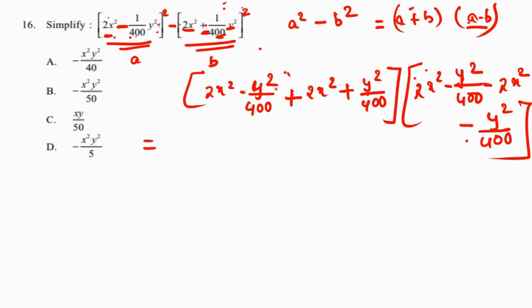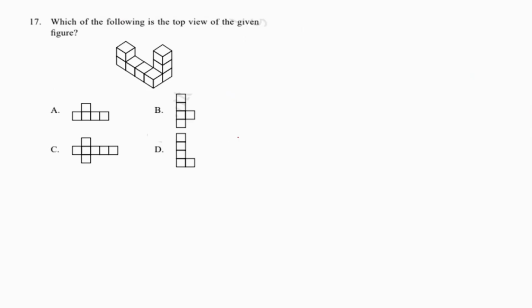Now, if you just simplify this, y square by 400 plus and y square by 400 minus cancel. So the first one has 4x square. And in the second one, 2x square and 2x square would cancel. So over here we have minus y square by 100 minus y square by 100. That's minus 2y square by 100.